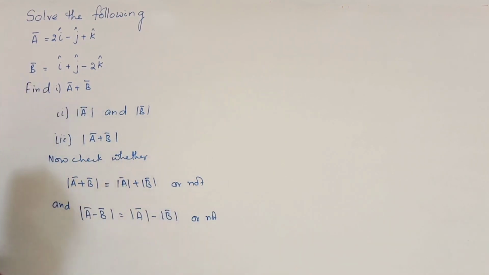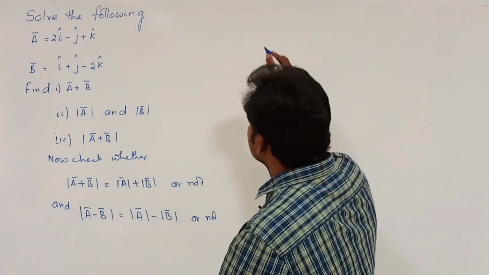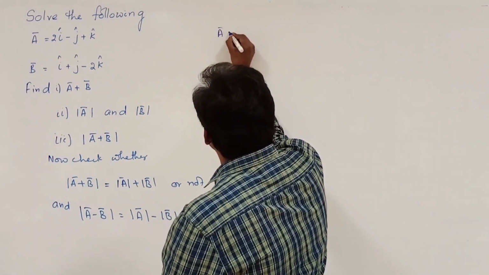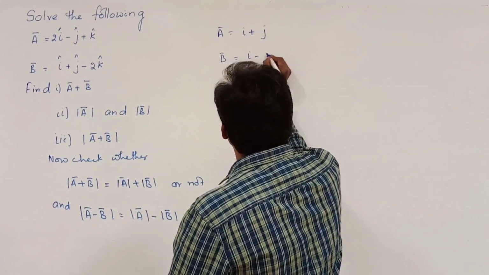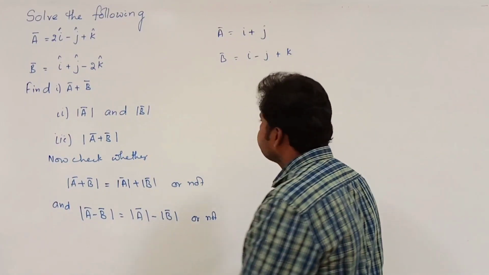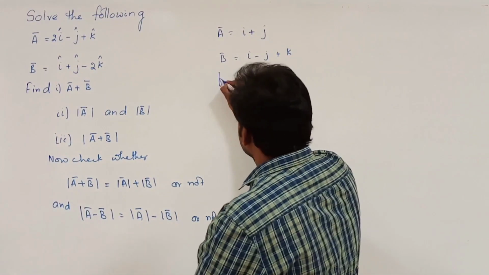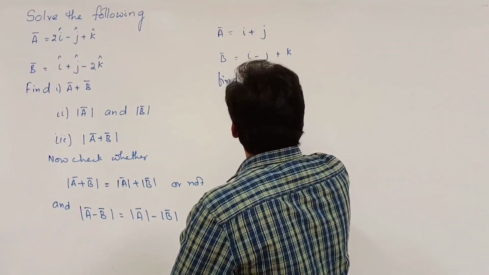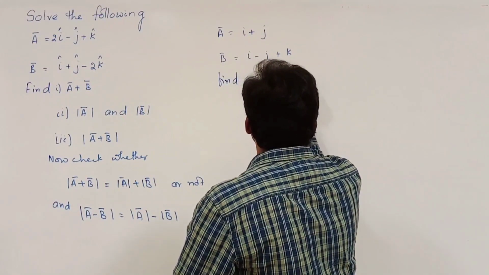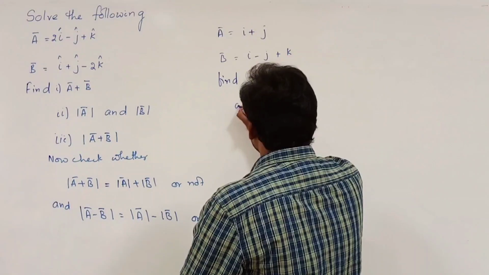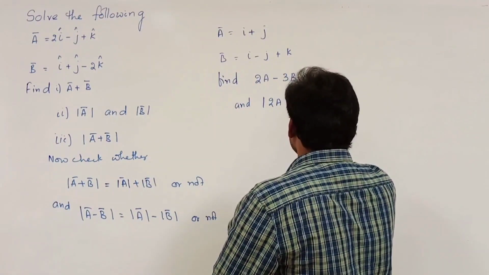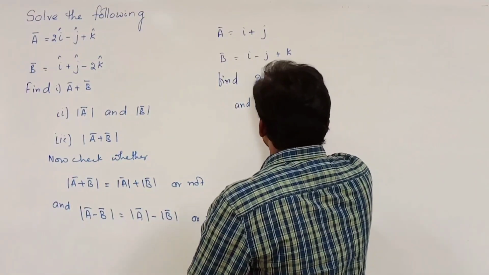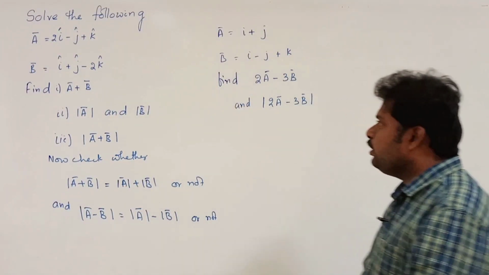You have to write it after solving it. Next, A is equal to I plus J, B is equal to I minus J plus K. Now find 2A minus 3B, and find 2A minus 3B vectors. So when you write vectors, you can put a bar mark.